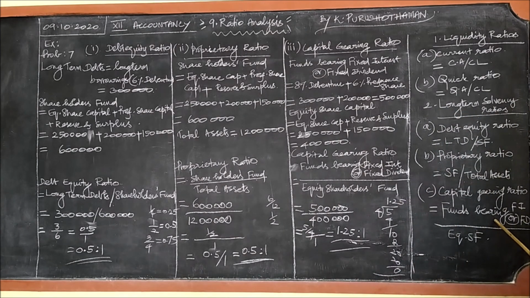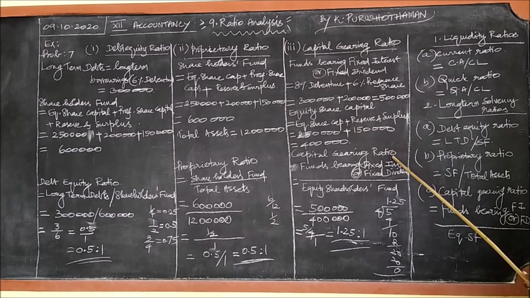Here it is funds bearing fixed interest, fixed dividend. Fixed interest is given only for debenture. Fixed dividend is given only for preference shares. You should know that. So the fixed interest item is debenture and the fixed dividend item is preference share. Therefore, you add these two items together and write.